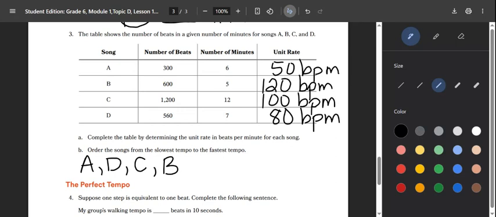So for number 4, we want the amount of money to set this up. We're going to do the amount of money over the number of poodles.